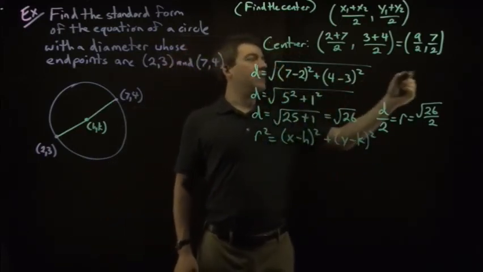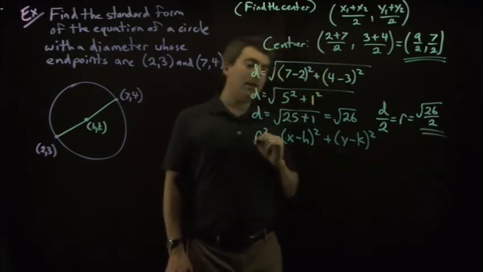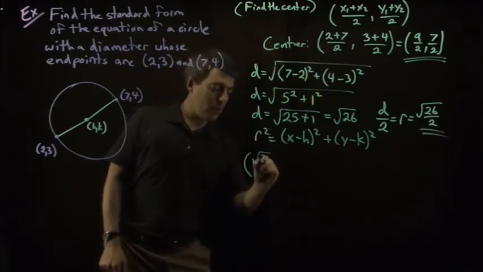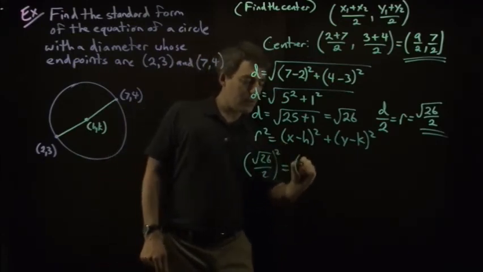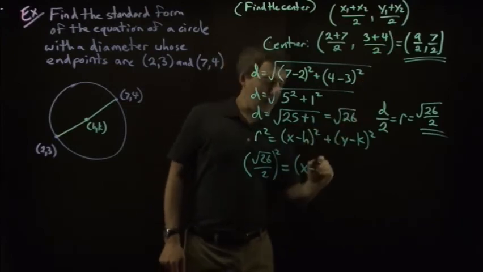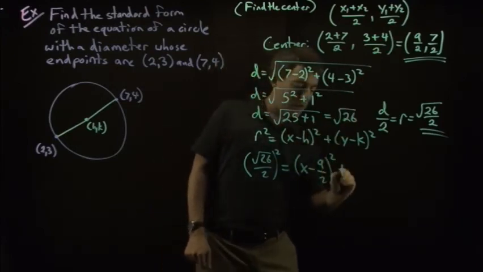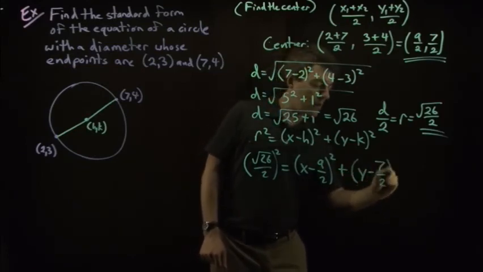And we'll just plug in the information. The center here, radius here. So, (square root of 26 over 2)^2 = (x - 9/2)^2 + (y - 7/2)^2.